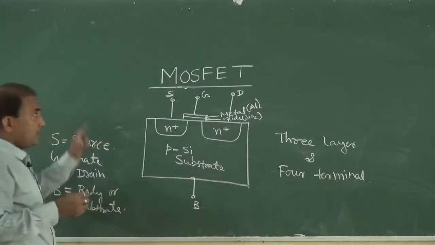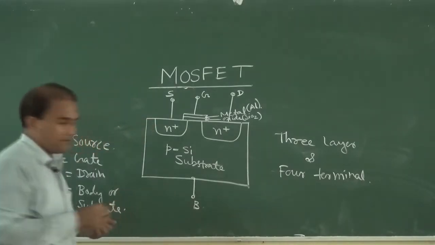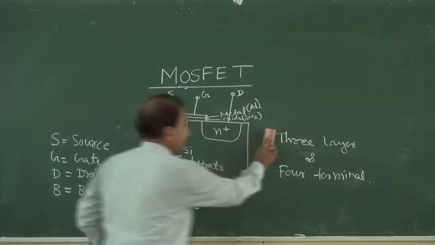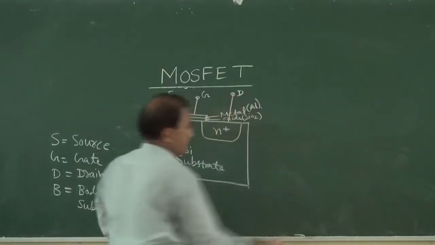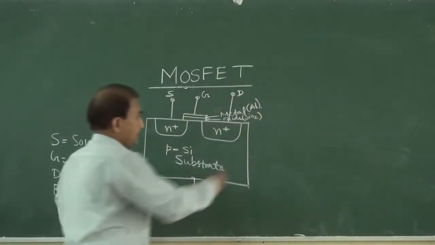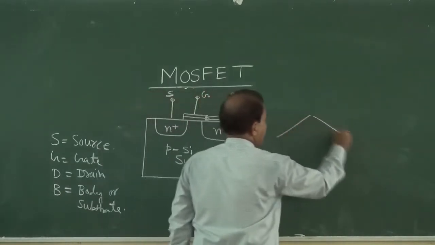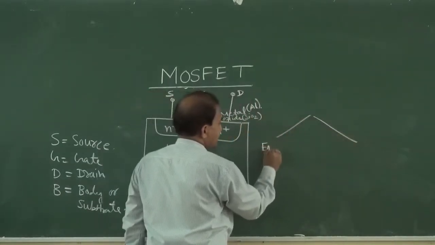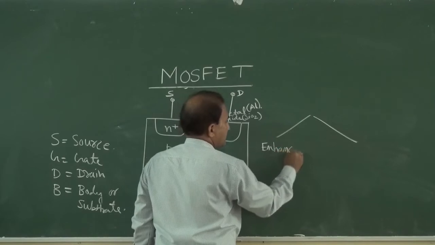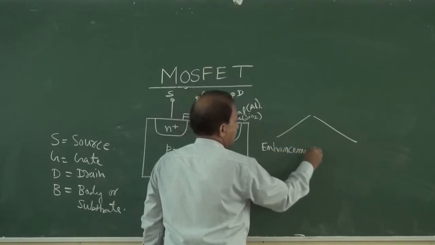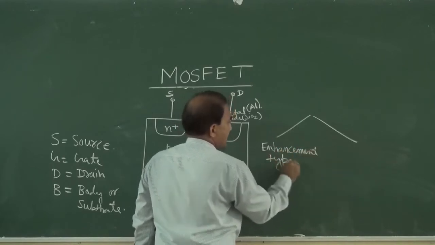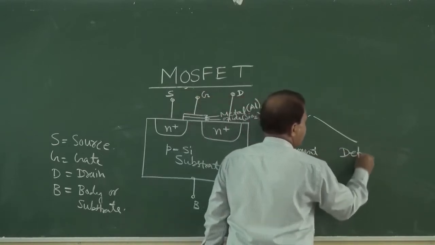A MOSFET can be of 2 types. The first one is enhancement type, and the second one is depletion type.